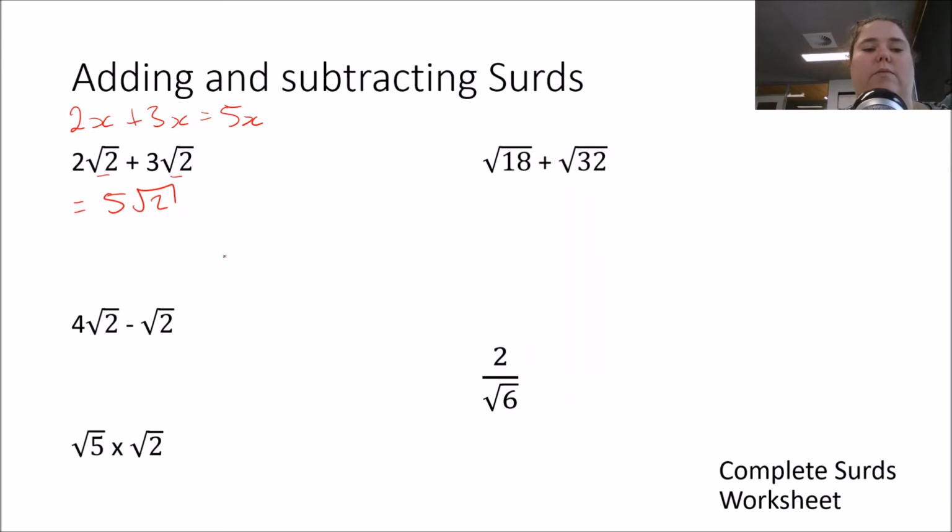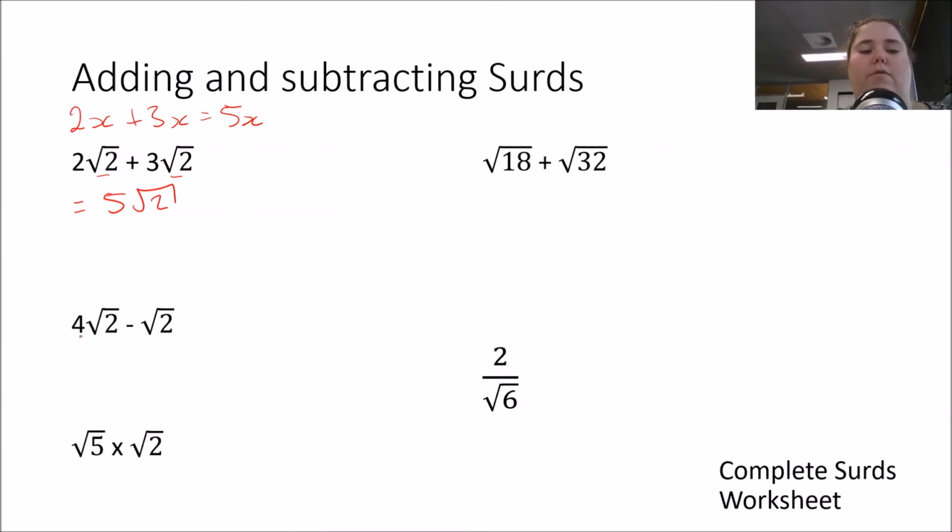You have to have them the same. If I had 2 root 3 plus 3 root 5, that's it. I can't go any further because that'd be like saying 2x plus 3y. That's it. I can't go any further. So your surds have to be the same for you to be able to add and subtract them.